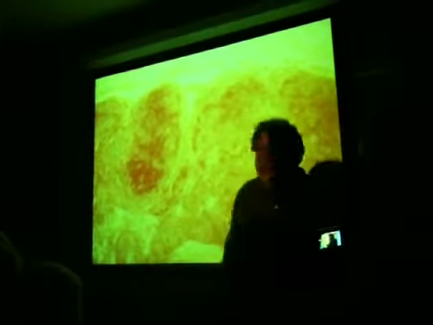This whole thing is the node. What's in the center? Germinal center. What do we call this right here? Diffuse lymphatic tissue. In the center, where we see these little spots surrounded by sinuses, what do we call that?